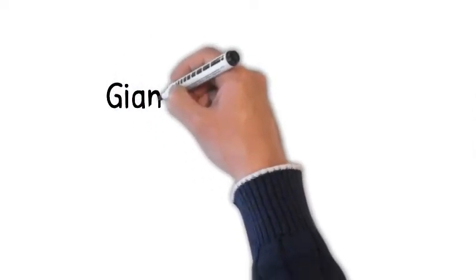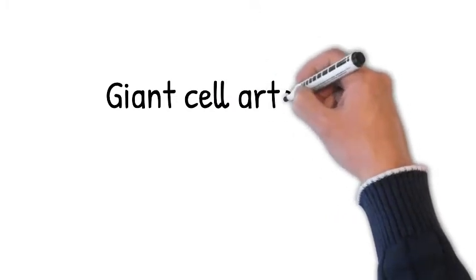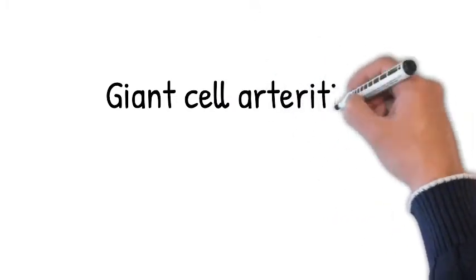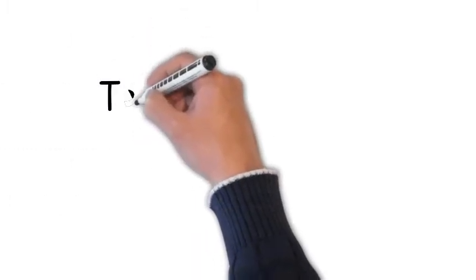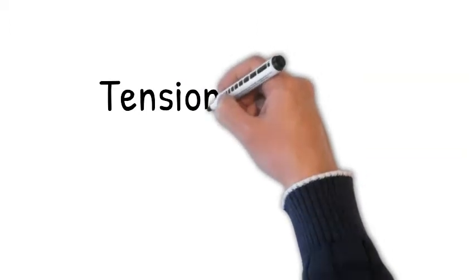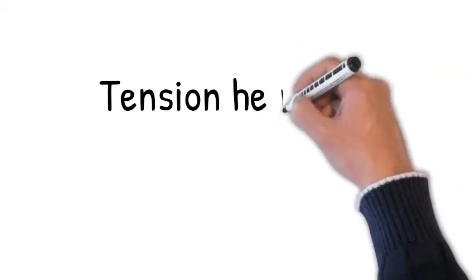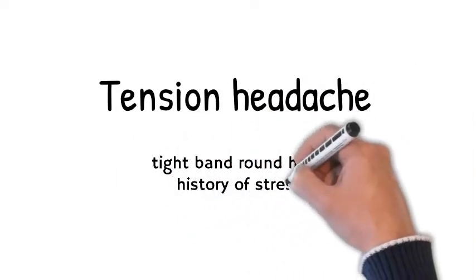Further, for subacute onset headache, ask for giant cell arteritis by tender scalp, age more than 50 years old, vision changes. Next is chronic headache, defined by pain for more than 15 days per month for longer than 3 months. It includes tension headache, typically described as a band around my head, with history of stress at work or home.